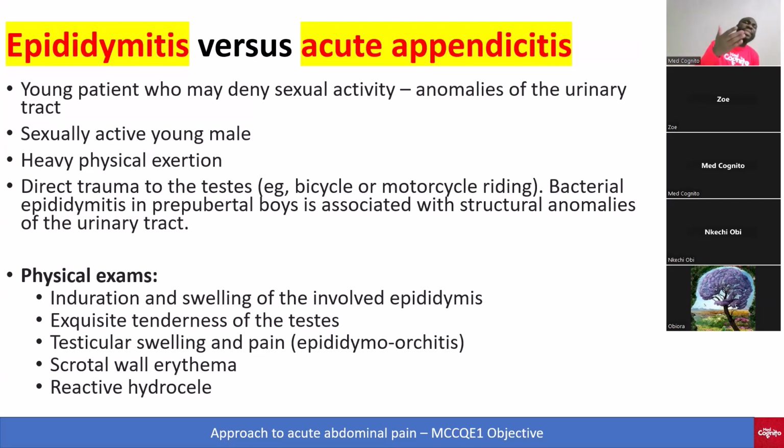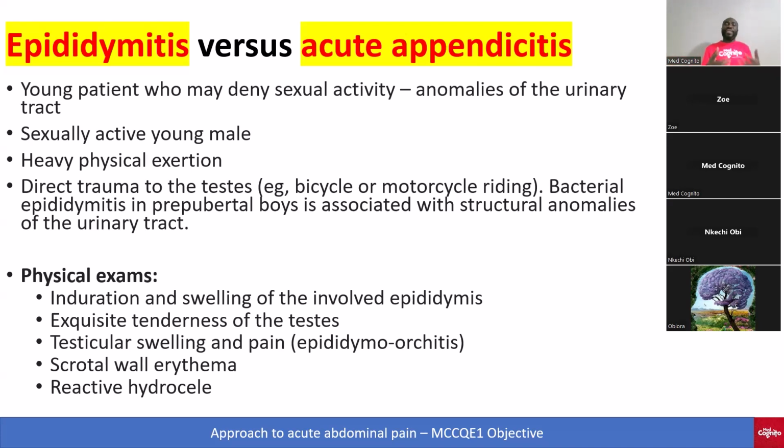What about epididymitis? Epididymitis, the patient may be sexually active or not. In those who are not sexually active, you realize that they have some anatomical variation in their urologic system. All right? But then those who are sexually active, sexually active male, they may have described heavy physical exertion, or they might have hurt their balls when they were riding a bike or a motorbike and then they landed on the bar.